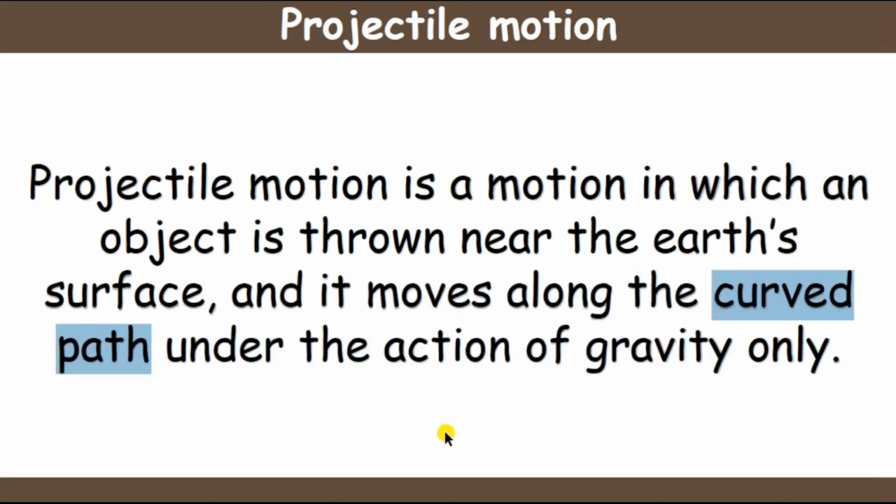At each and every instant, gravity is trying to pull that object downward, which makes it follow that curved path. That is why we define projectile motion as the path followed by the projected object being curved due to gravity.